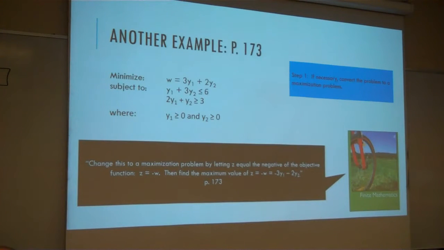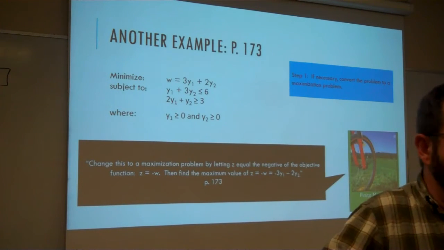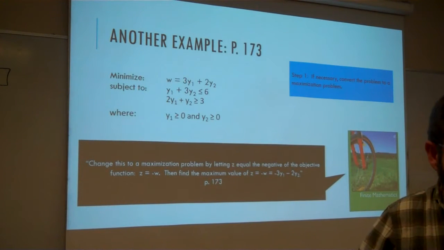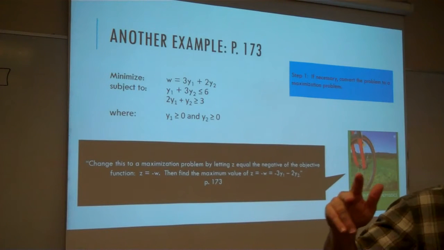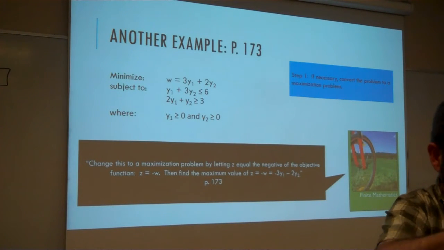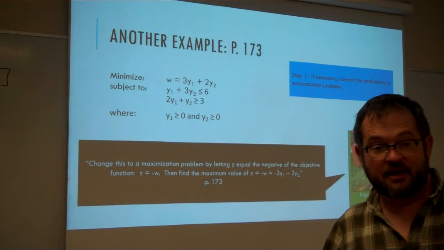Last time we took a standard min problem, where we were minimizing an objective function subject to all these constraints that were greater thans. The path of least resistance was to do the dual by transposing, which changes a minimization problem into a maximization problem.